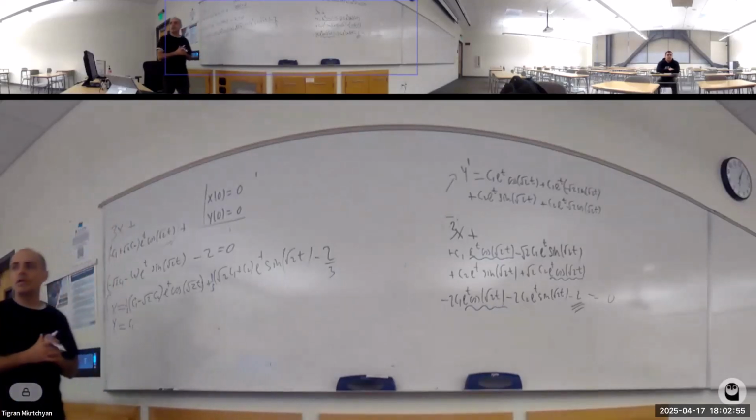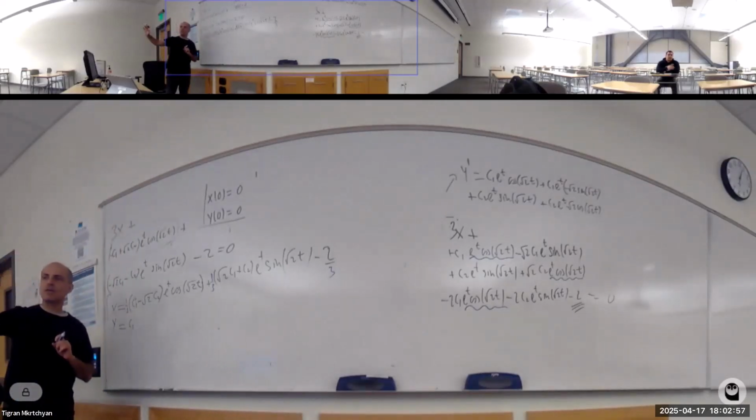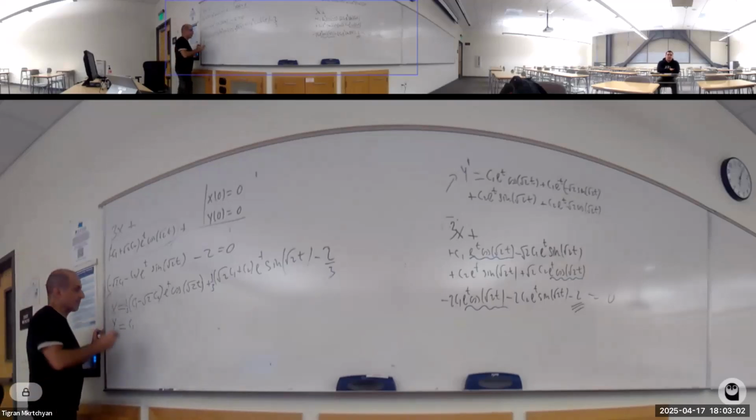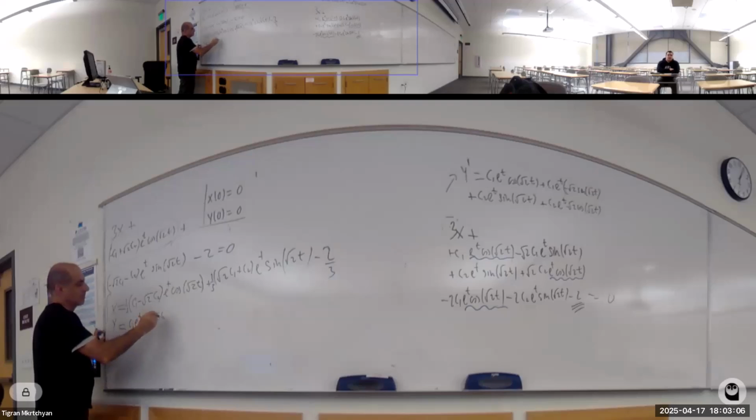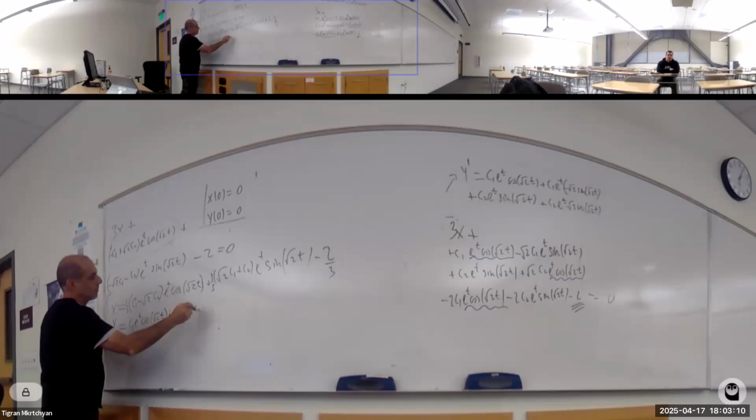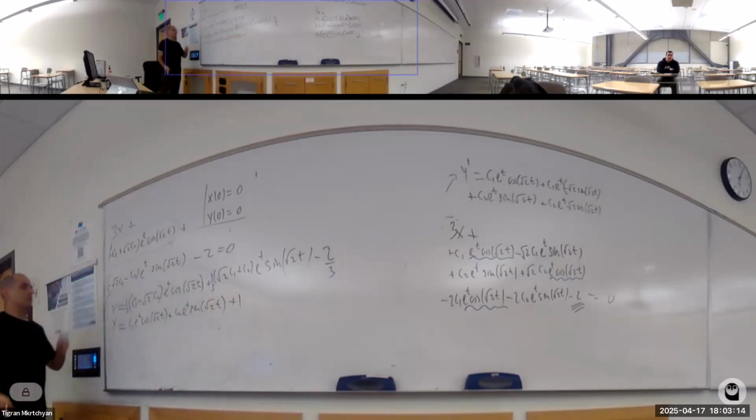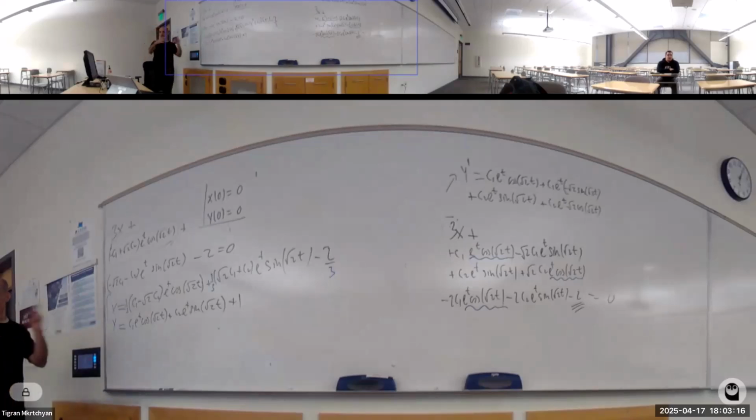Can you read what Y is? C1 e to the t cosine root 2t plus C2 e to the t sine root 2t plus 1. Oh, we did combine. Okay, cool. So this is what we got before, so we're already done.